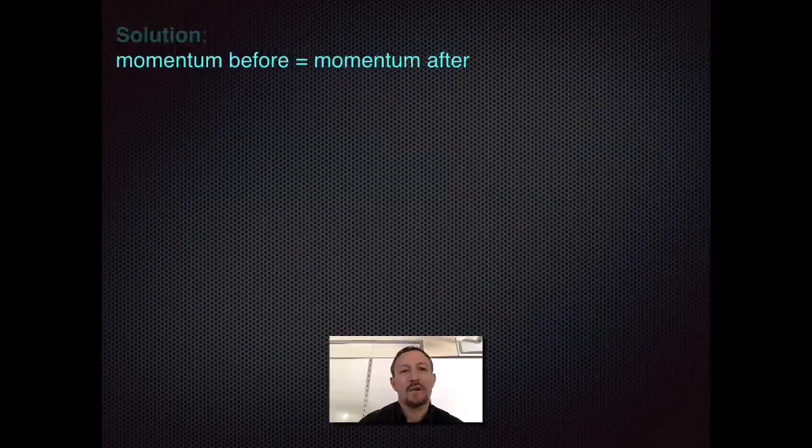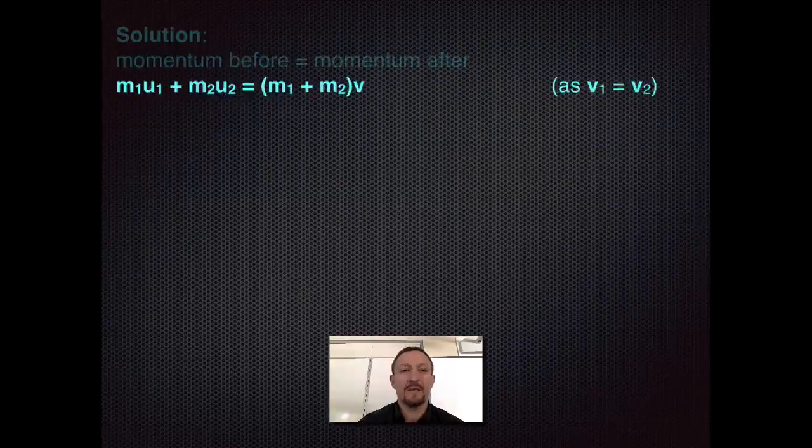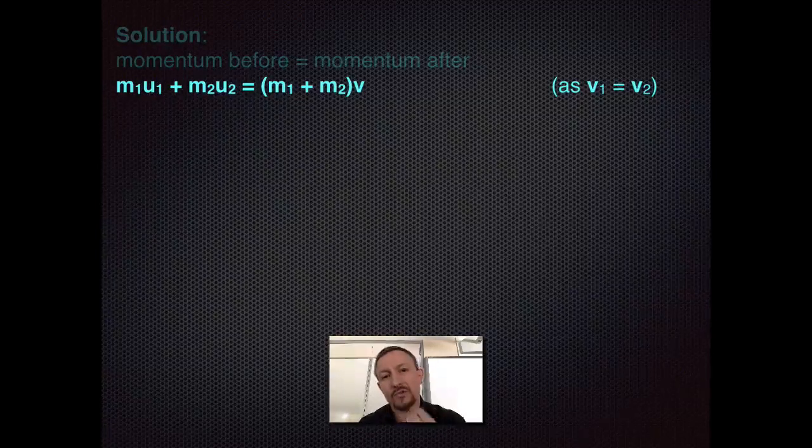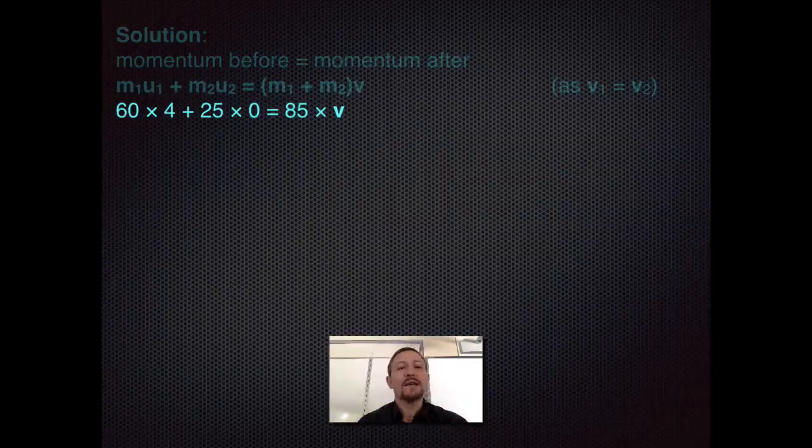So what happens? Momentum before equals momentum after. I substitute in, so m1u1 plus m2u2 will equal m1 plus m2 times a constant velocity, v. Now, they're coupled, so I just add the two masses together. 60 times 4 is m1u1, the momentum of the first cart, plus 25 times 0.